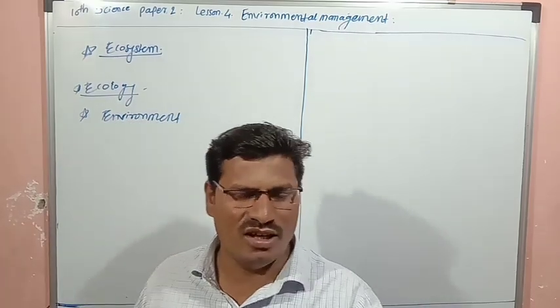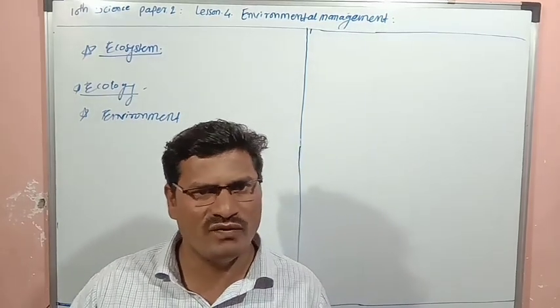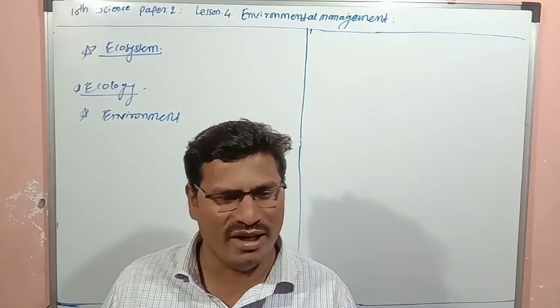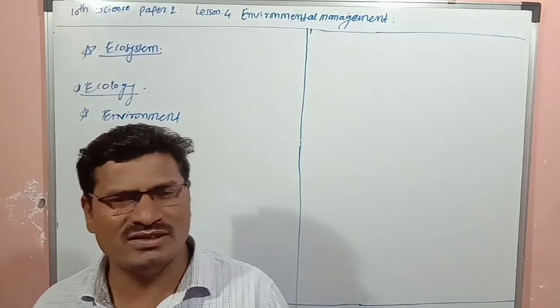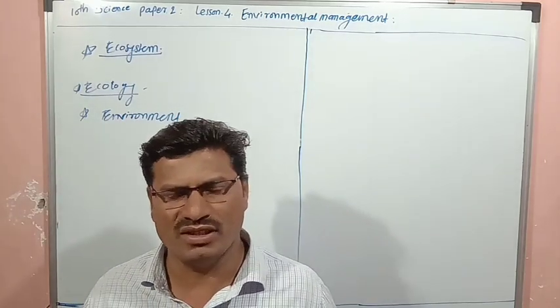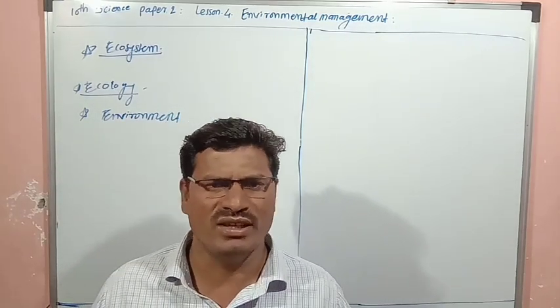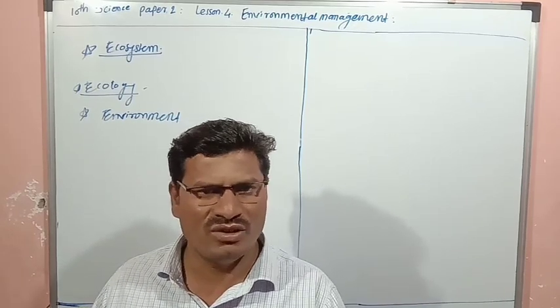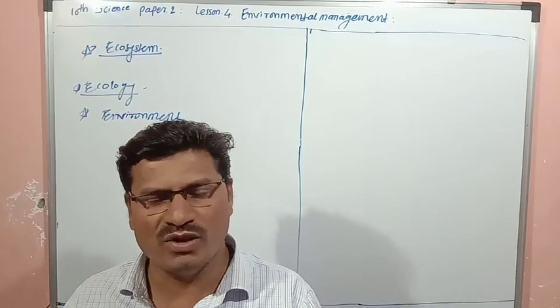After that, herbivores are there, which feed on the producers, the plants. After that, predators or consumers. What is the role of predators? Predators control overpopulation of herbivores.